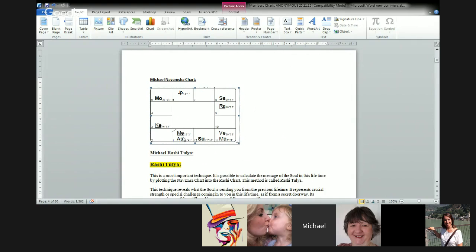But notice that Mercury is very closely conjunct the Navamsha ascendant. And so that tells us that speaking and teaching and thinking, all the Mercury qualities, are an essential part of my soul that unfolds from incarnation to incarnation.